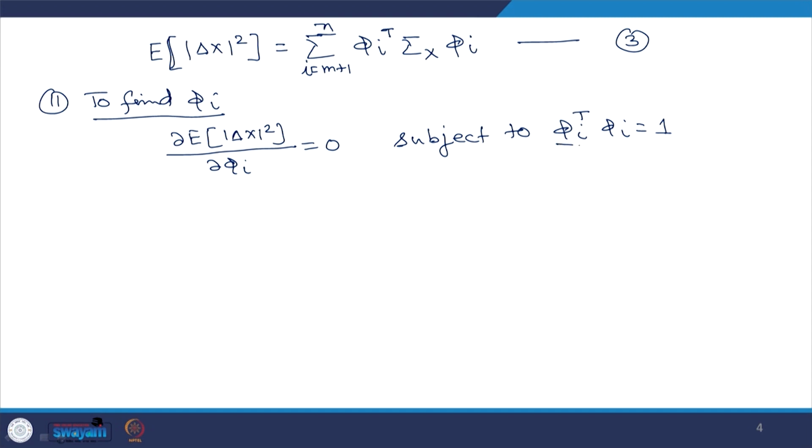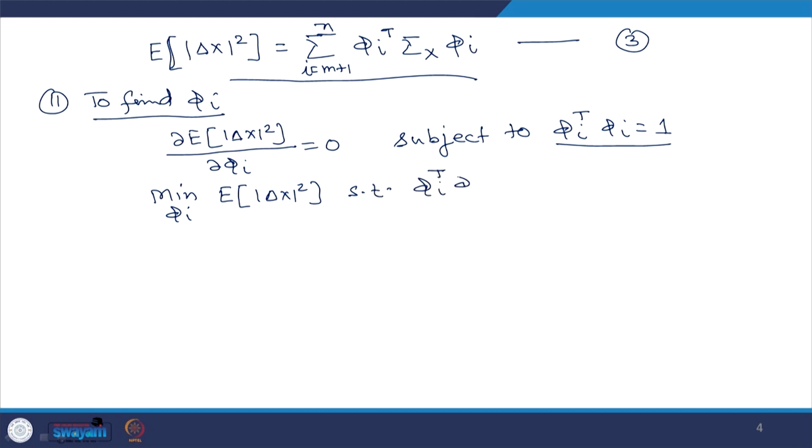Since I am having this condition also, I have to minimize this. I have to find out phi i means I have to minimize over phi i E of delta x square subject to phi i transpose into phi i equals to 1, since they are the orthonormal basis.